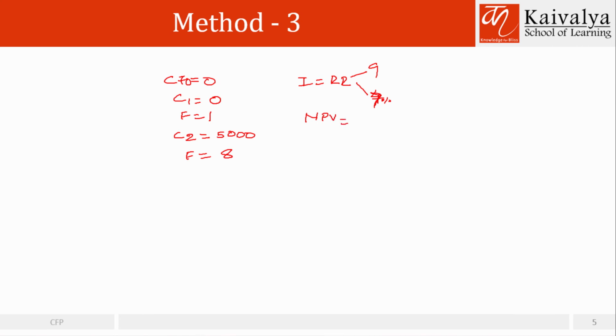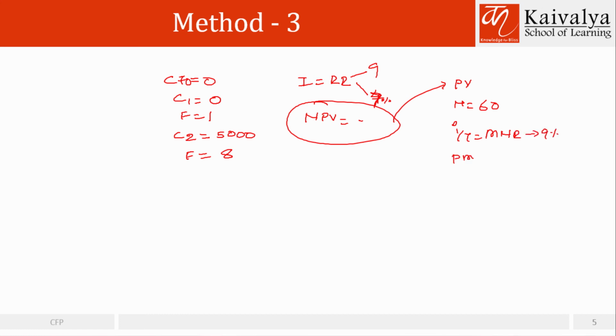So this will give me the present value in total to be achieved. So this NPV I am going to take as PV. N is equal to 60, I/Y is equal to MNR of 9%, and let's find out PMT in beginning mode, and that's the answer.